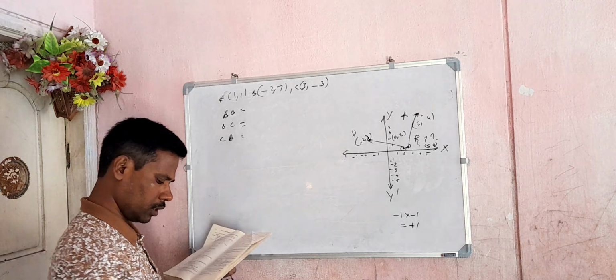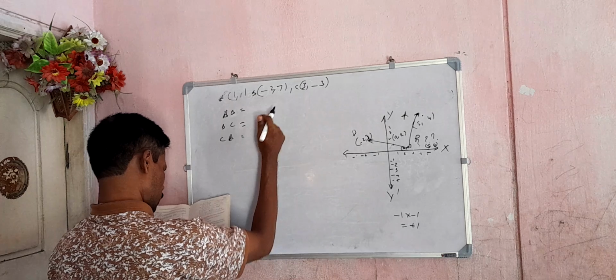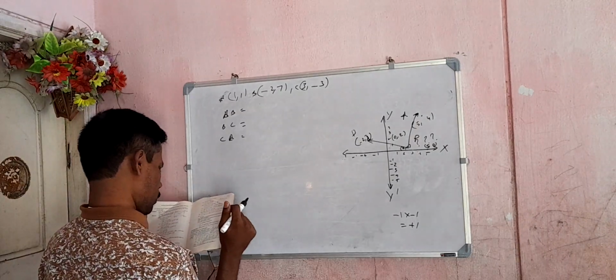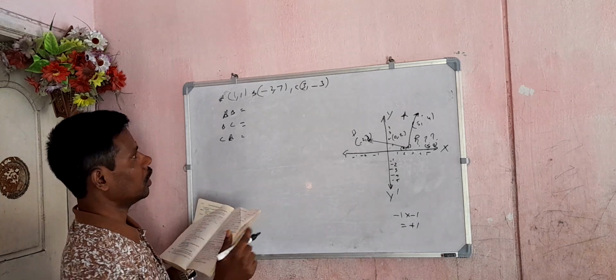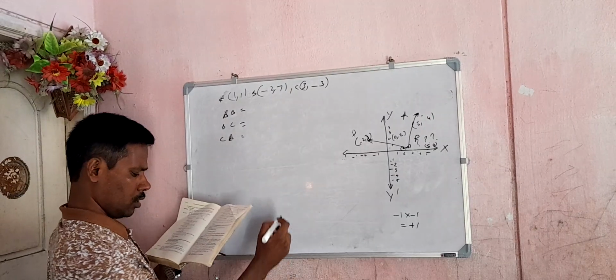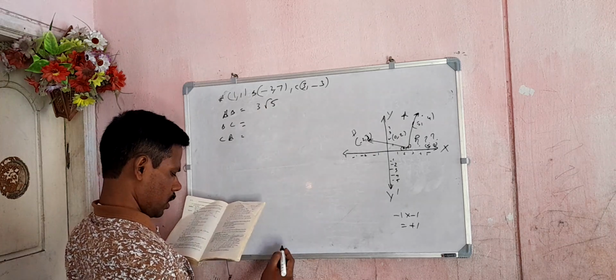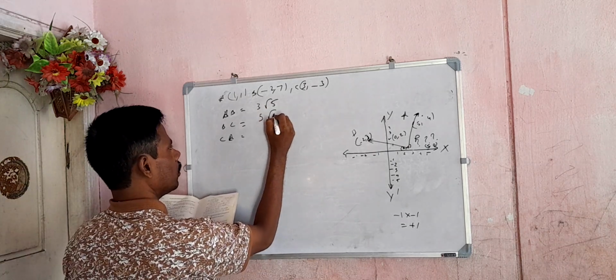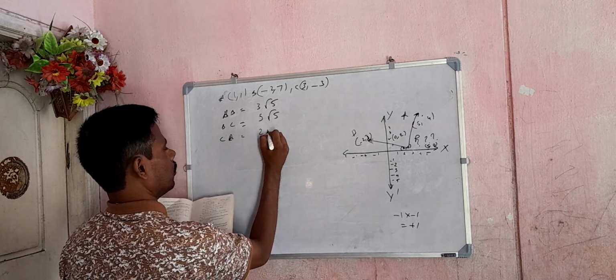Just I will write the answer directly. AB distance is 3 root 5 and BC distance is 5 root 5 and AC distance is 2 root 5.